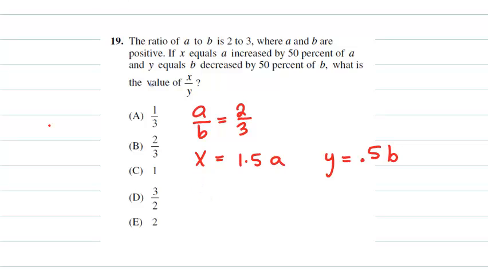Well, x over y equals 1.5a over 0.5b, which we can simplify by dividing both sides by 0.5: 3a over 1b.